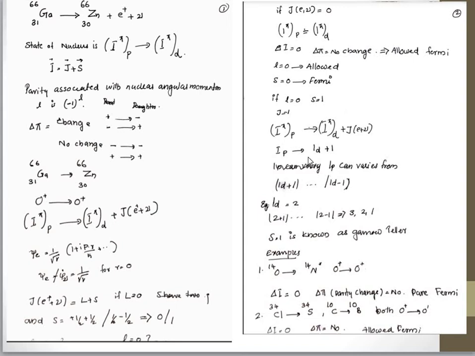So if I final is equal to 2, I initial can vary from 2 plus 1 to 2 minus 1, with a difference of 1. Here 2 plus 1 is 3, 2 minus 1 is 1. So 1, 2, 3 integers can be considered. So this S is equal to 1 approximation, or decay process, is known as the Gamow-Teller decay. So when L is equal to 0 and S is equal to 1, we call this an allowed Gamow-Teller decay.